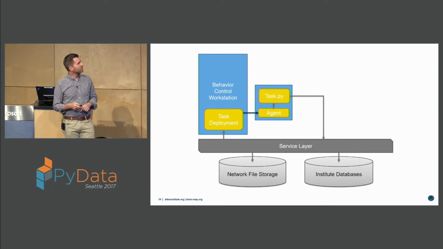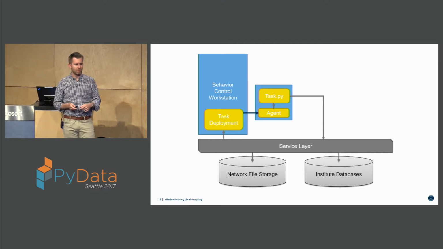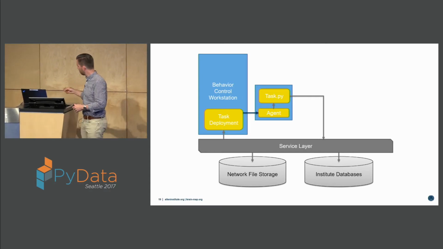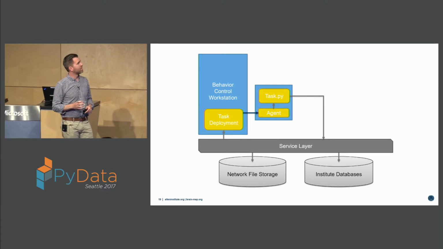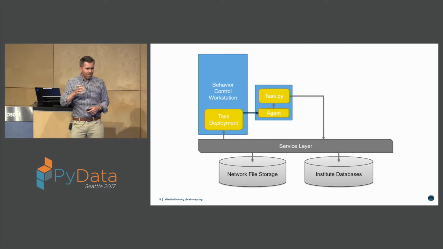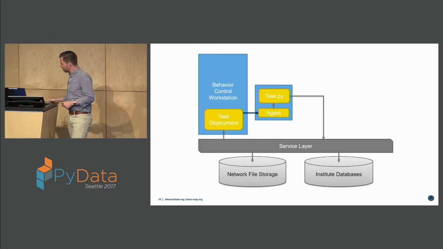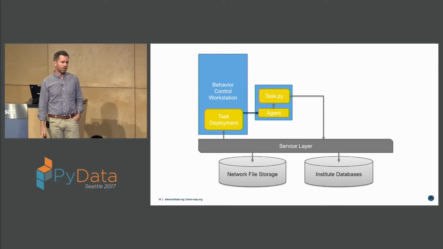This uses 0MQ to send that script and its associated parameters to the agent that's running on the mouse's computer. The agent then deploys the task, which runs. And when the task is done, it saves itself back onto disk so that we can look at the data later.